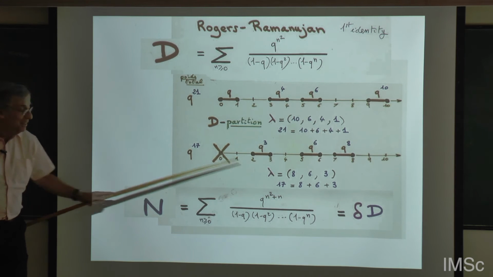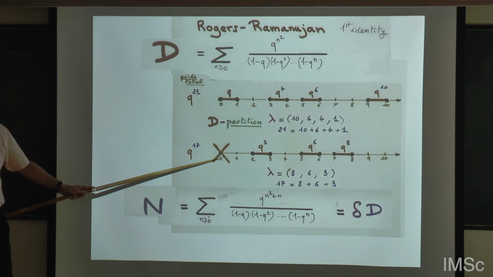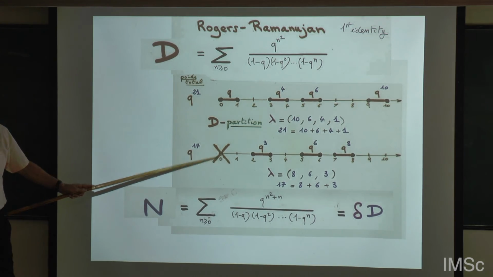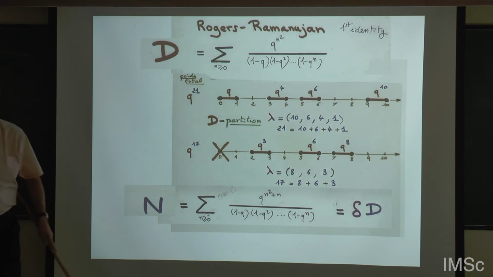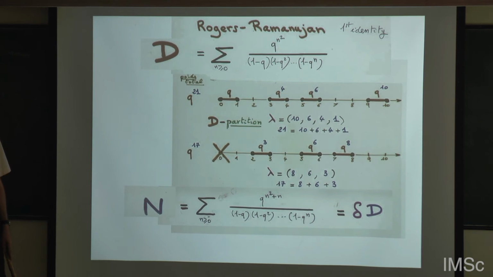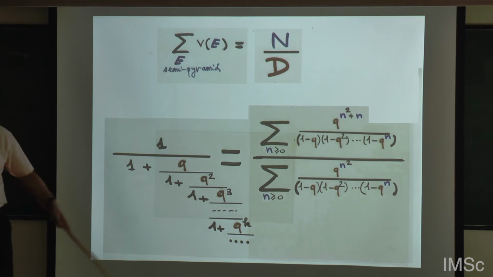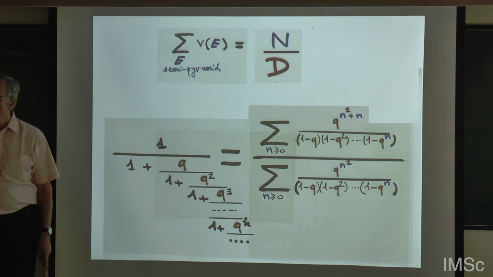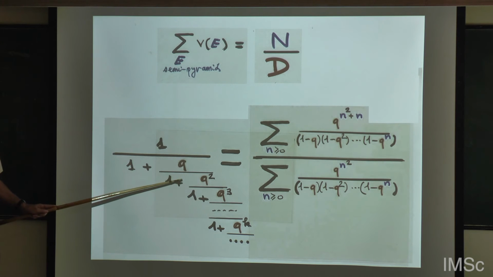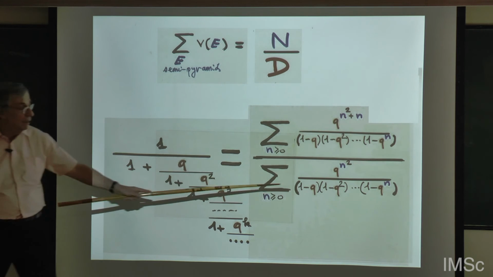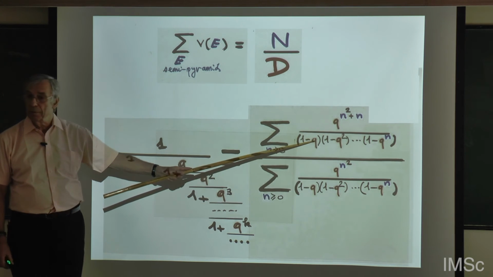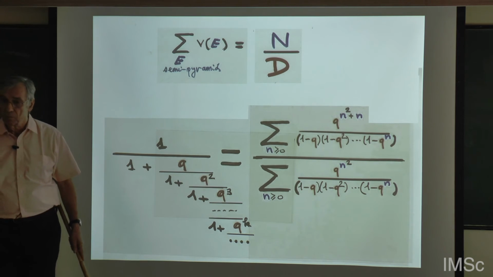You are adding N. This means that you avoid this point. So the numerator is going to be exactly the left-hand side of the second Ramanujan identity. And so you get a proof of this by interpreting this as semi-pyramid of dimers, trivial heaps of dimers, and trivial heaps of dimers not containing 0.